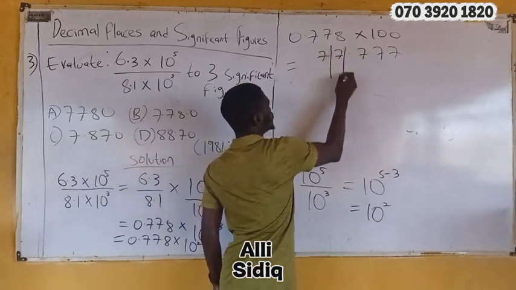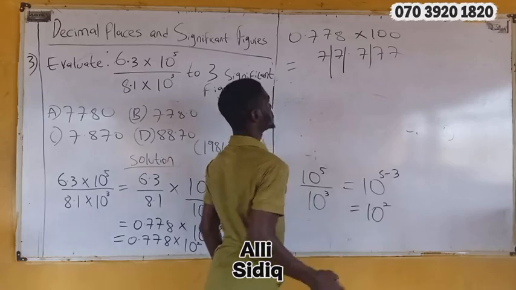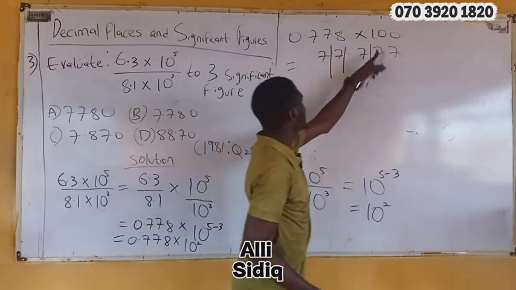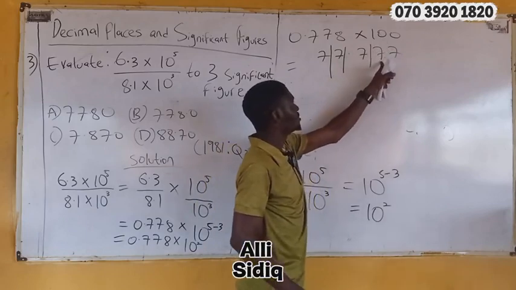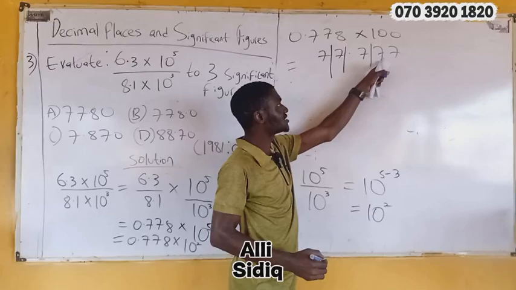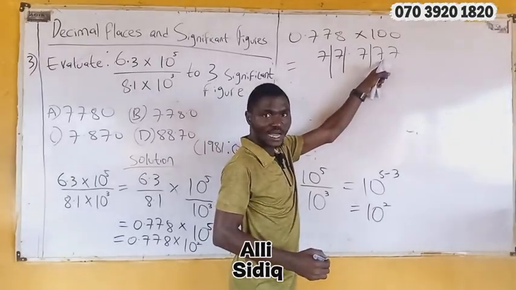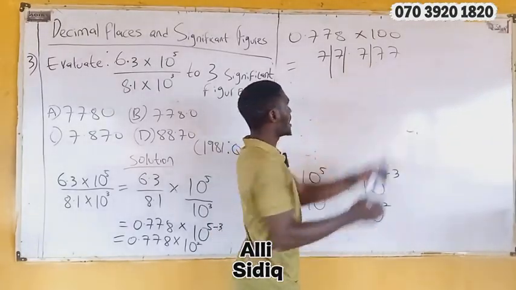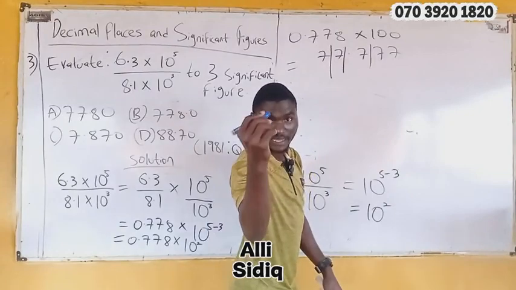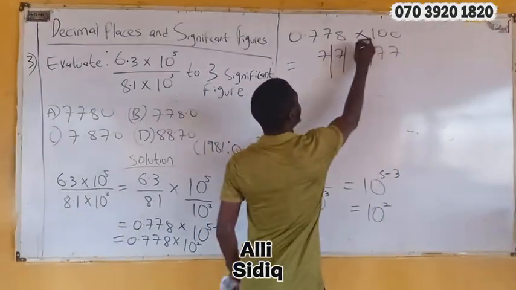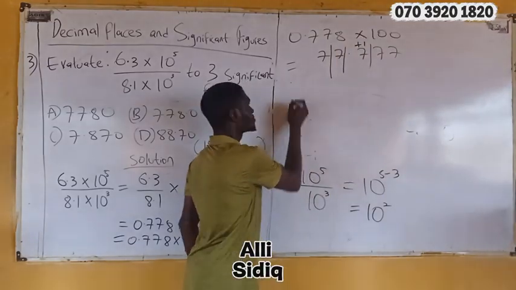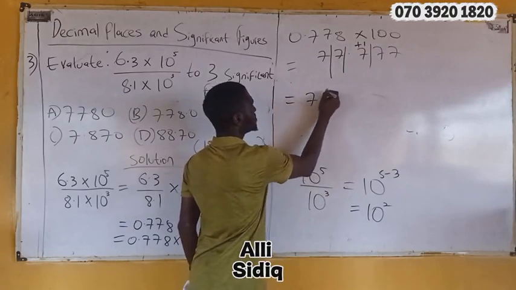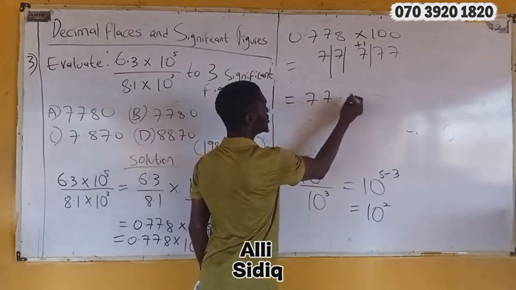1, 2, 3. Since the number immediately after my boundary is 5 and above, which is 7, I'm going to do what? I'm going to round up by adding plus 1. So my answer becomes what? 7.8.